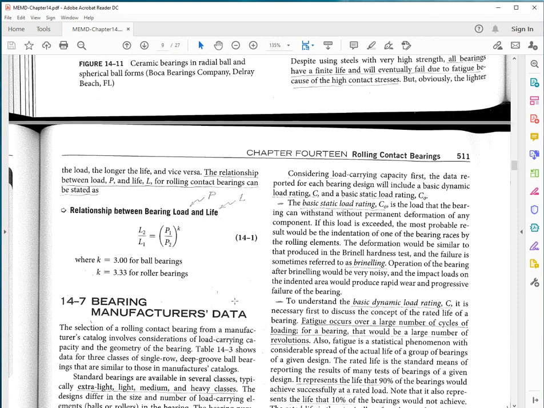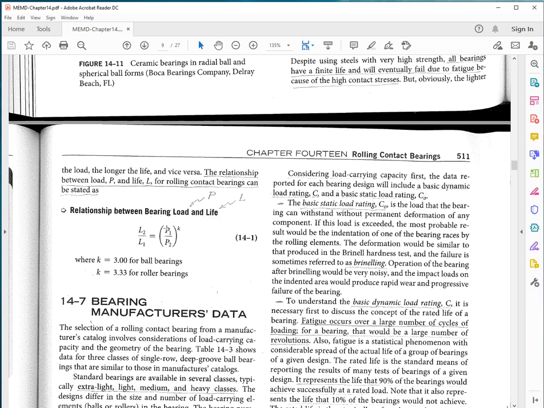If you were to test a lot of bearings, of course it's a statistical measure, but you see that for the same type of bearing, same bearing from the same manufacturer, if you load it at load P1, the corresponding life will be L1, and if you load the bearing at a different load P2, the life would be L2.